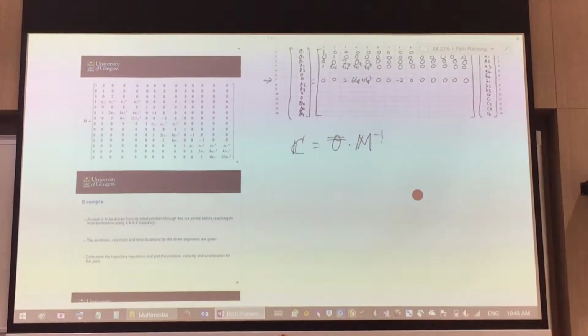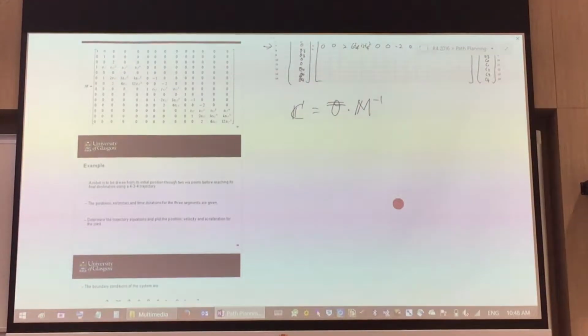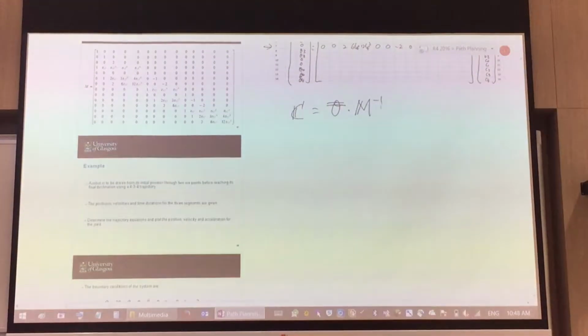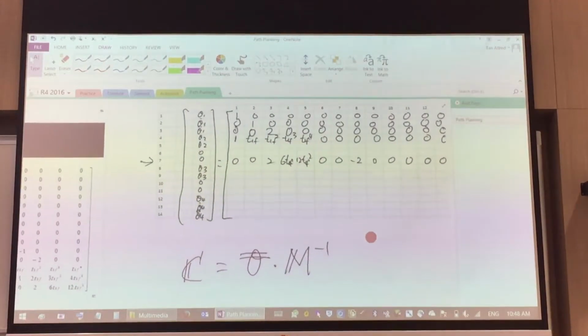So I just need a little bit more time to wrap up with an example. In this example, you would have all your conditions given to you. So I'll just use a different color marker.